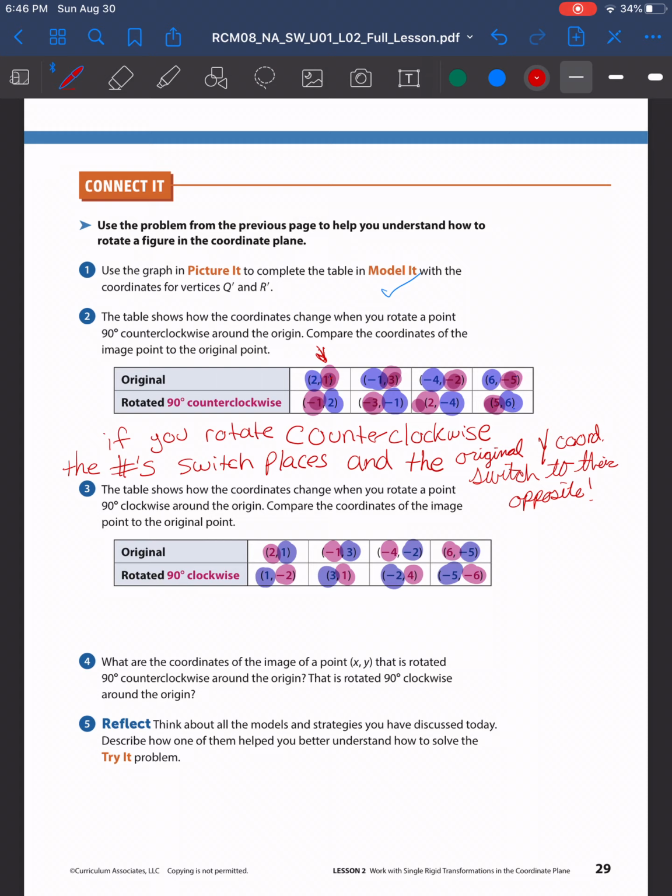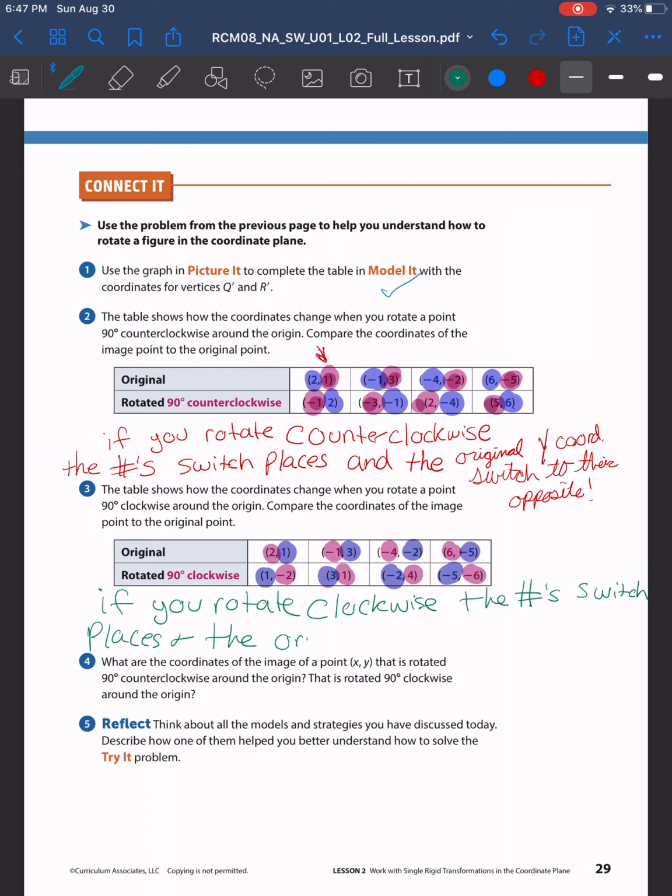So, down here, I'm going to write it in a different color. Green. If you rotate clockwise, the numbers switch places and the original X coordinates switch to their opposites.